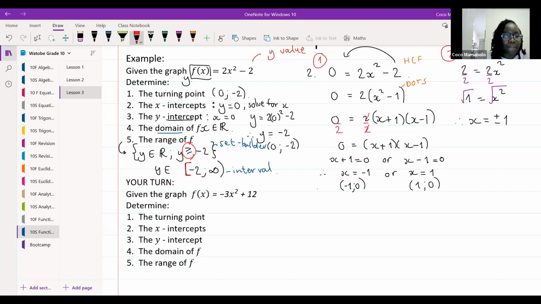So ma'am, if they give us the set builder notation and it says greater or equal to, then we know that the -2 is going to be first and it's going to be included. Yes, 100%. If they didn't write that equal to sign, if they just said y is greater than -2, then it's no longer a square bracket. It's going to be a round bracket.